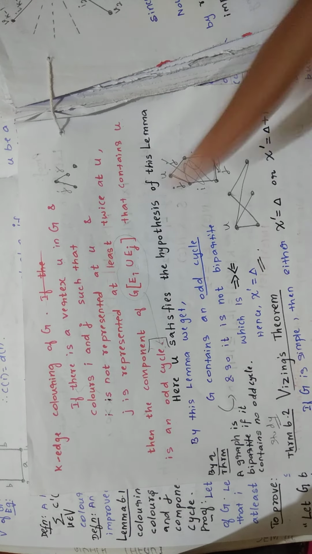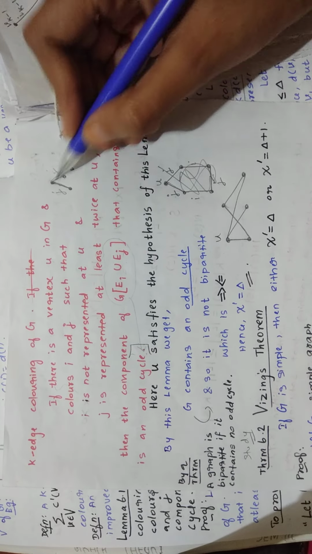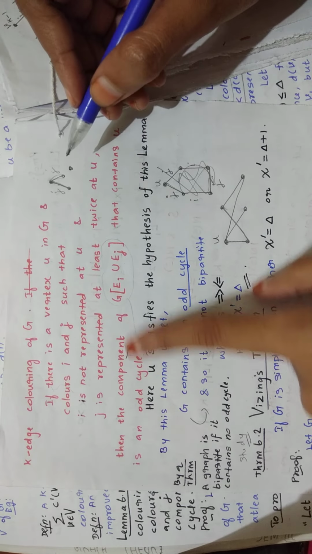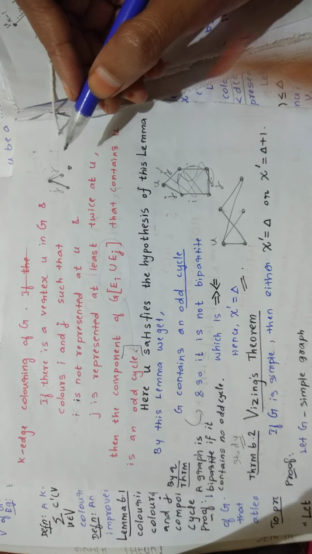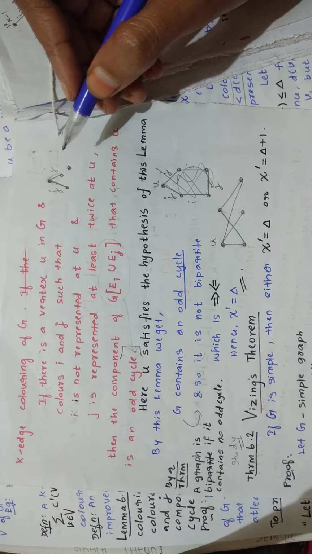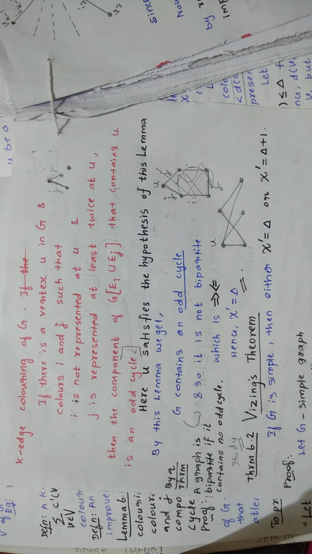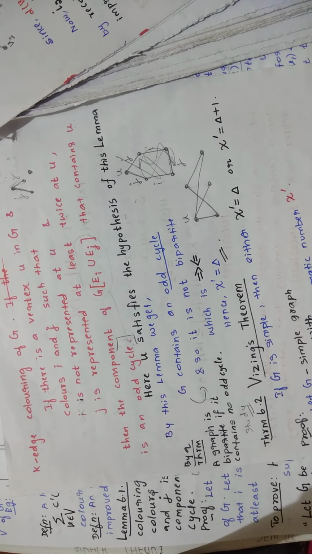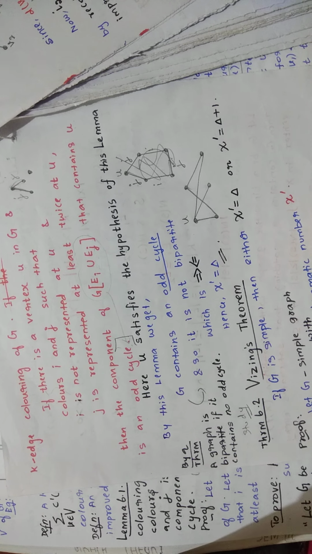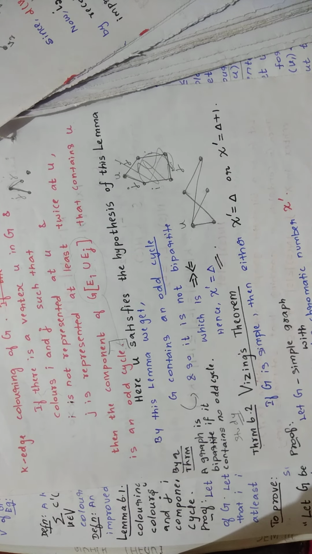If for one vertex you are using the same color at least twice at U, you will use this lemma. That is why in this theorem you are using this lemma. Is that clear? So finally I told you why you are using this lemma here. I hope you understood because I explained again and again.